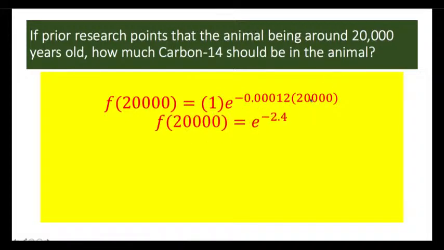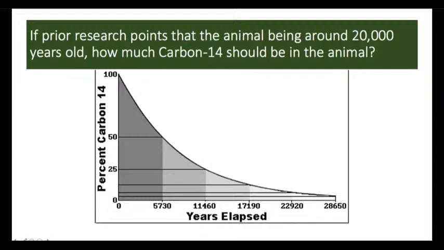Then simplifying this right side, we have e raised to negative 2.4. And then solving for e, we get a value of about 9%. So an animal that is 20,000 years old is expected to have about 9% of its carbon-14 present in that animal fossil.